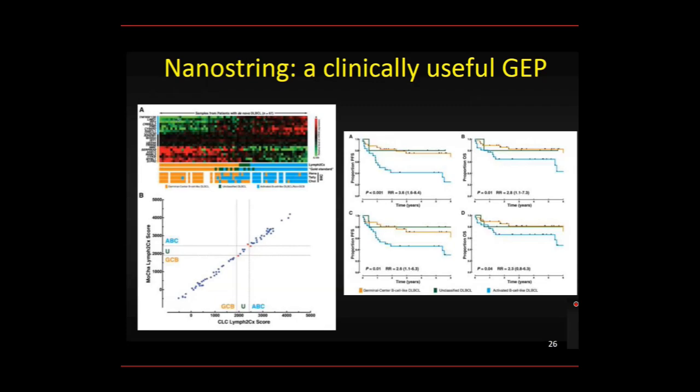Very luckily, technology helped a little bit. Now we have a machine, it's called NanoString technology, that allows to study roughly 20 genes, just the RNA, which can be taken even from formalin-fixed paraffin-embedded cases, so the routine cases that we have in pathology, that we can find in archives, and is able to, I wouldn't say correctly 100%, but very reasonably assign cases to either ABC or GCB groups.